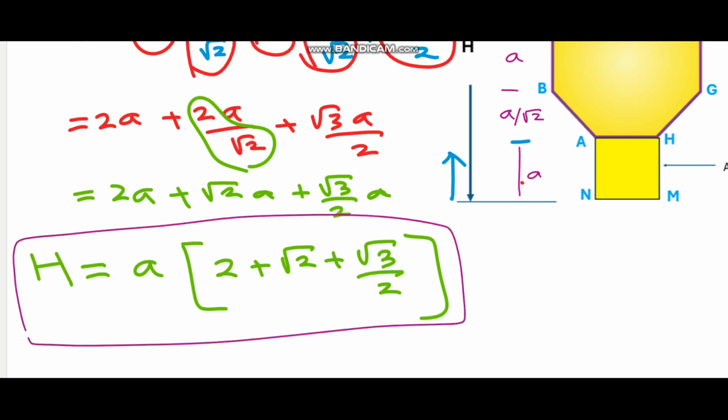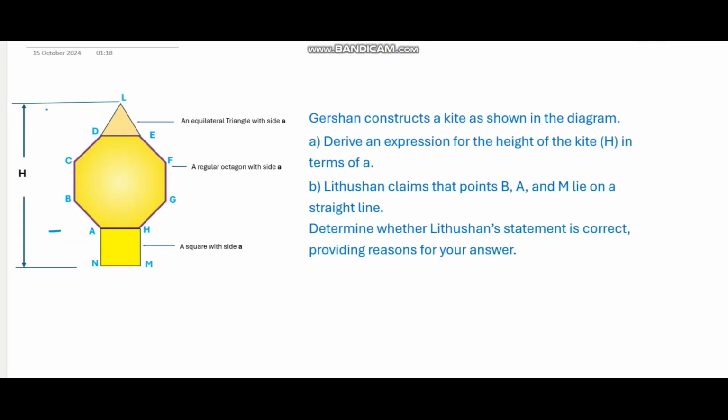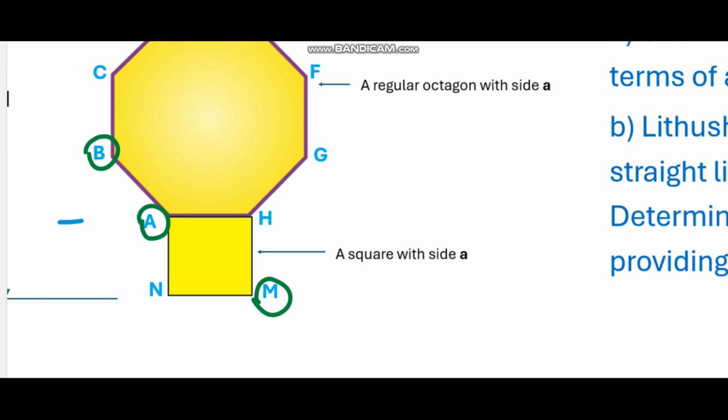Okay. Now, take a look at part 2. Lithuanian claims that points B, A, and M lie on a straight line. The question is, is it correct? So, this angle BAH is 135 degrees because that's the interior angle of a regular octagon.